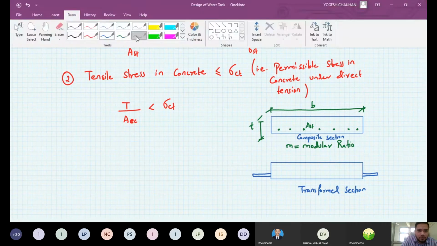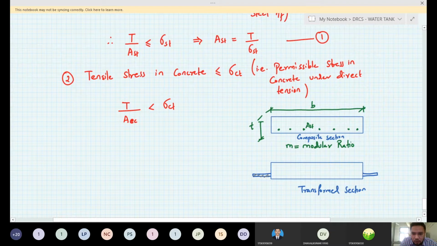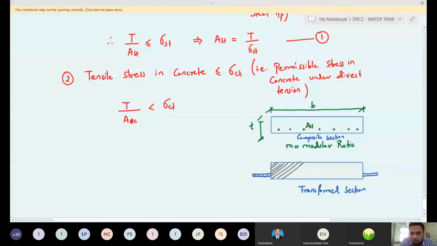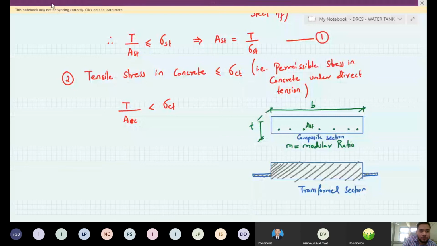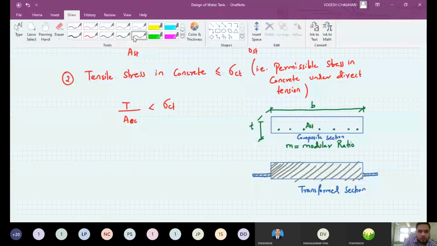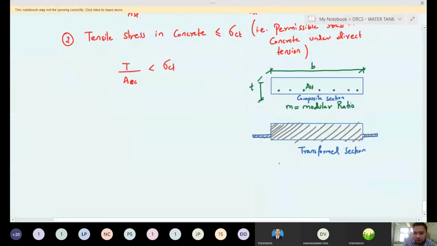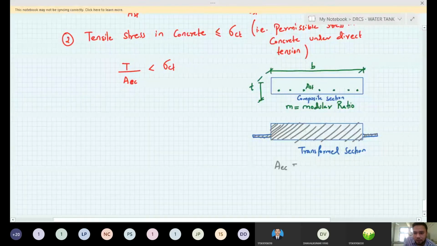So the area of this transformed section, if you remember from mechanics of solids, AEC, that is the equivalent area of the concrete, will be equal to the area of the concrete alone minus the area of the steel, plus modular ratio times the area of the steel.